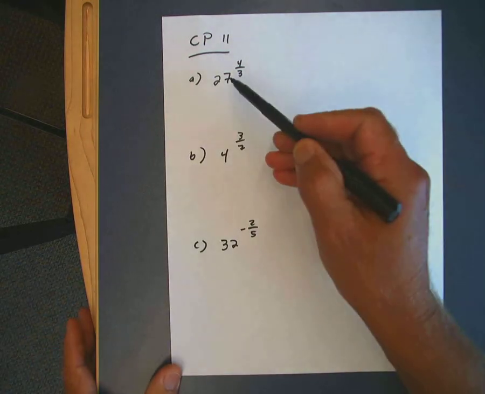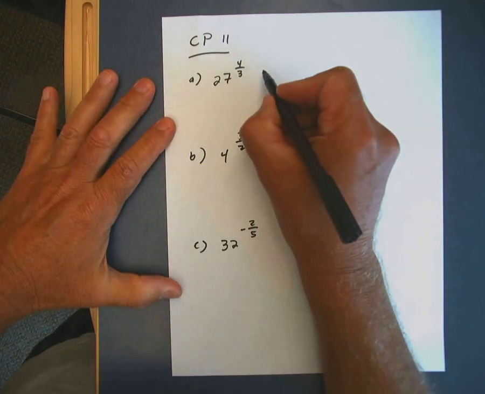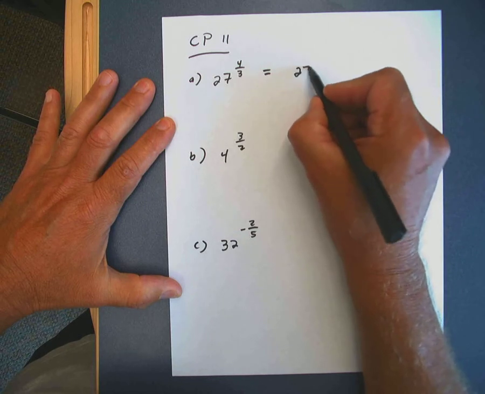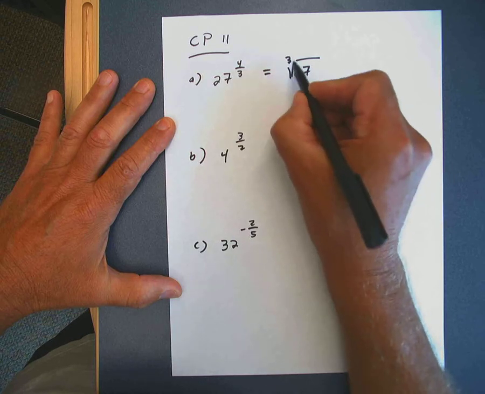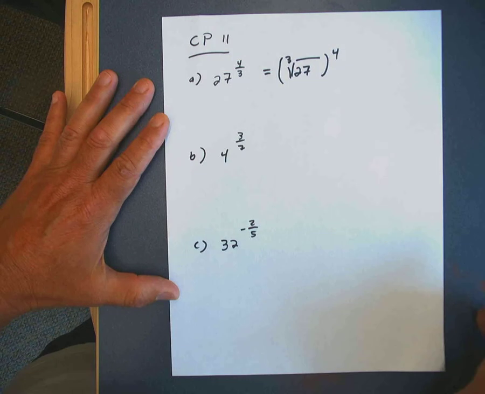You could raise 27 to the 4th power and then try to find the cube root of that, but if we do it this way, it's easier. So let's write this as the cube root of 27, and then we'll raise that to the 4th power. That's just another way to write that expression.